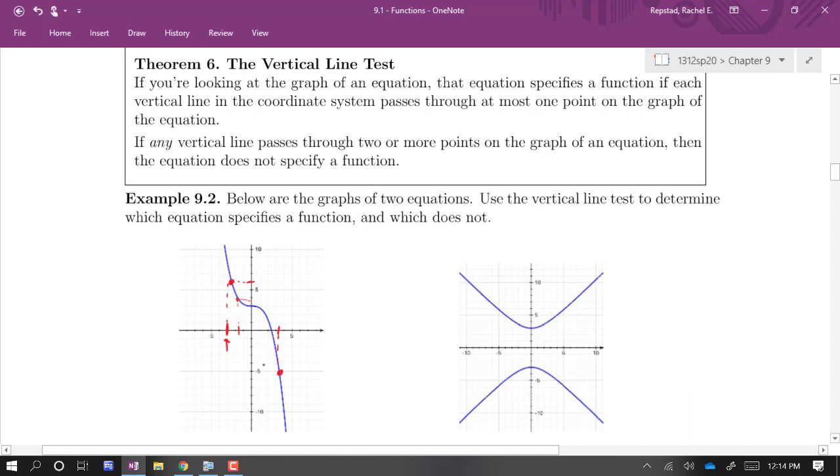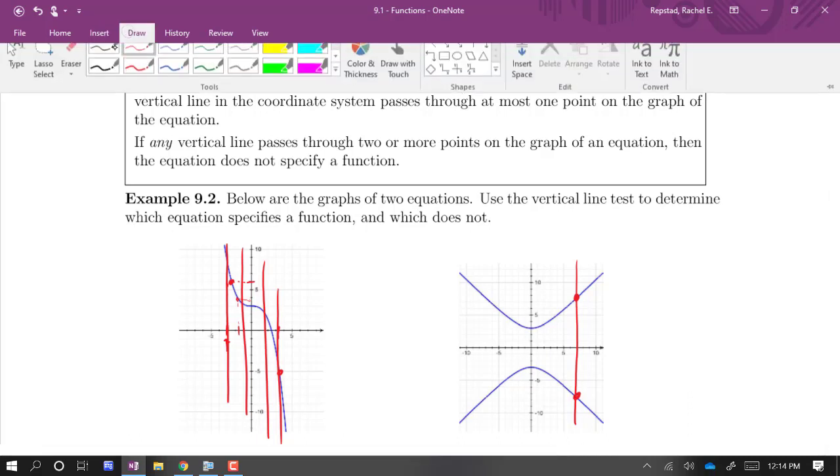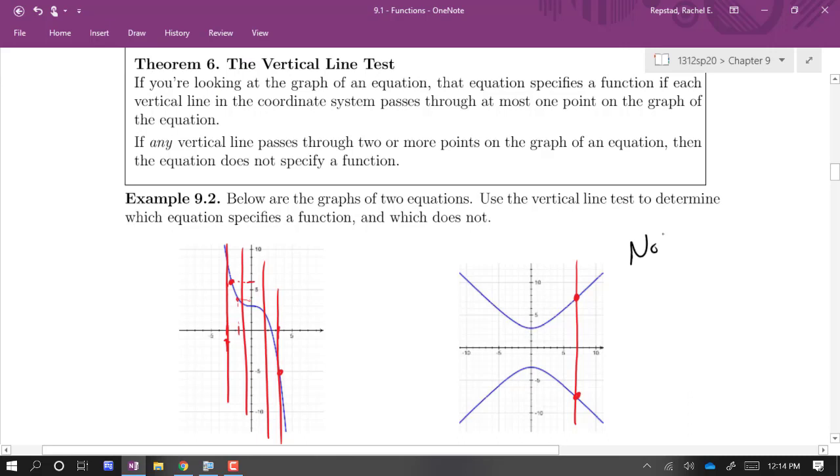We call this the vertical line test. What it means is that no matter which vertical line I draw, it'll only cross the graph once. Compare this to the graph on the right. Here, once I pick this x value, it crosses the graph twice. There's two places where it crosses the graph. So the graph on the right is not a function.